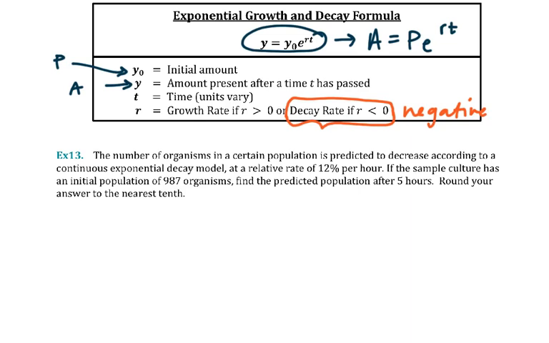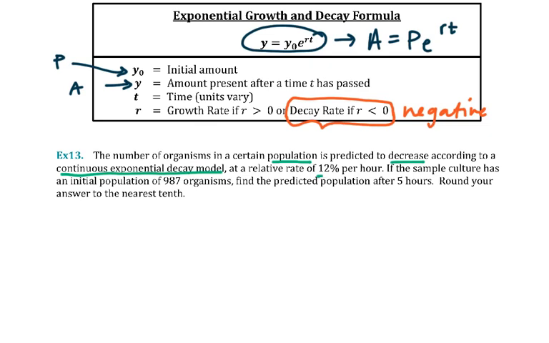So here we have the number of organisms in a certain population. And again, if you remember in the last video, I said population grows exponentially. Here it is predicted to decrease. So population decrease means we use a negative rate, using a continuous exponential decay model.